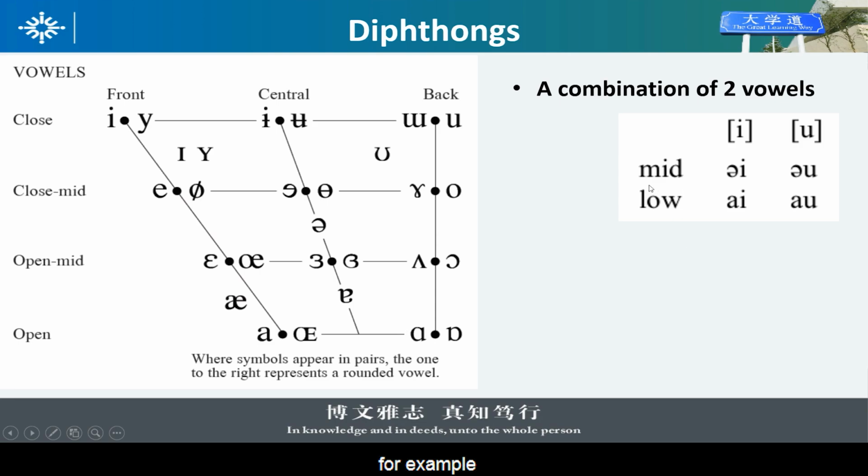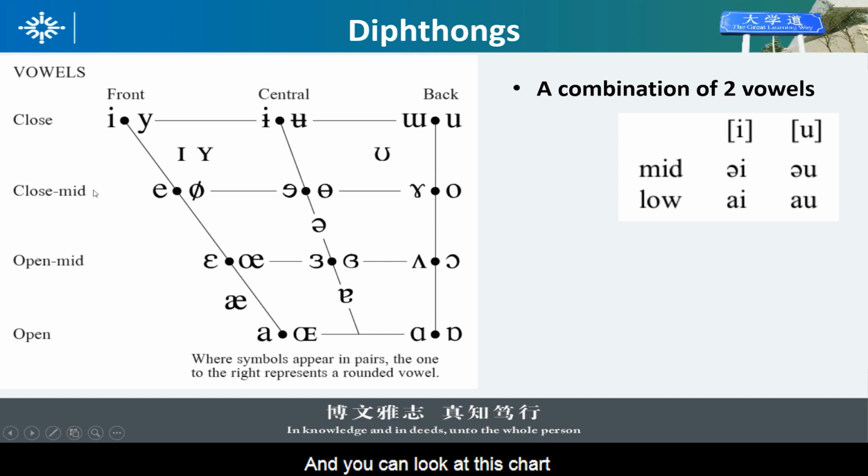For example, if the core vowel is the mid vowel, and the diphthong ends with i, it is ai. If it ends with u, it is ao. Ai, ao, and they are diphthongs.